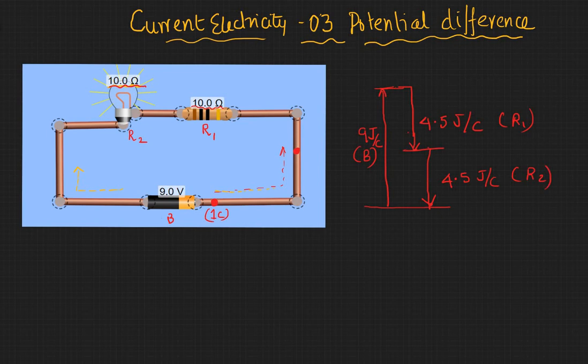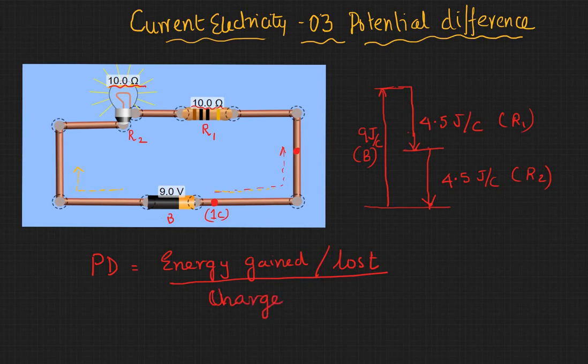So in general, we can define the potential difference as energy gained or lost per unit charge, per charge, between 2 points.